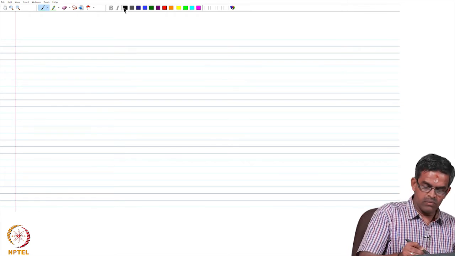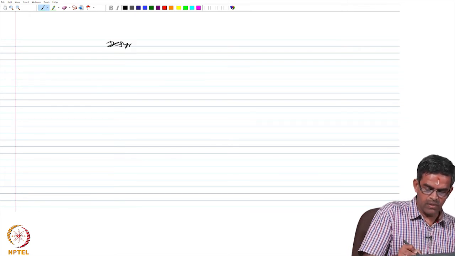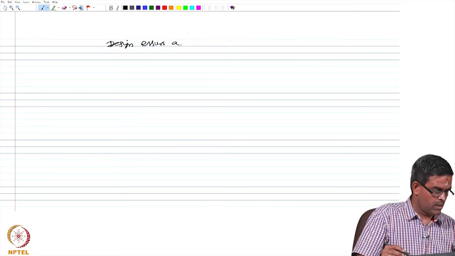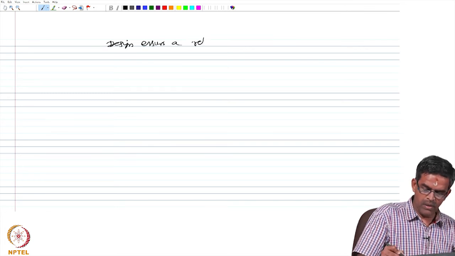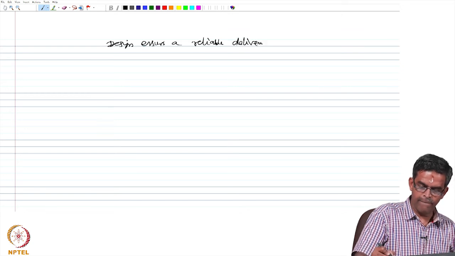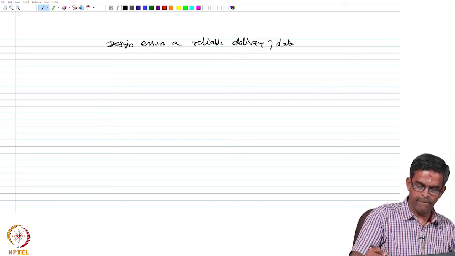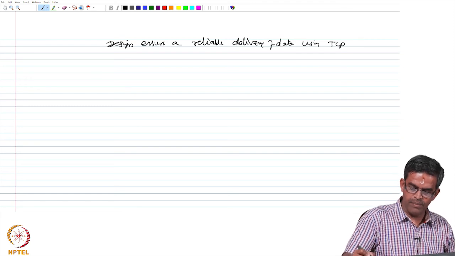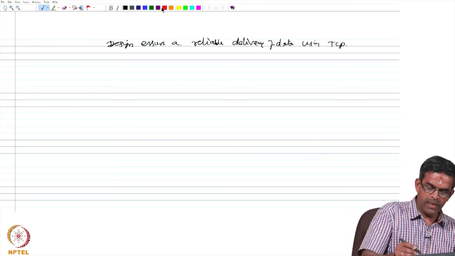So, now the design ensures a reliable delivery of data using TCP.